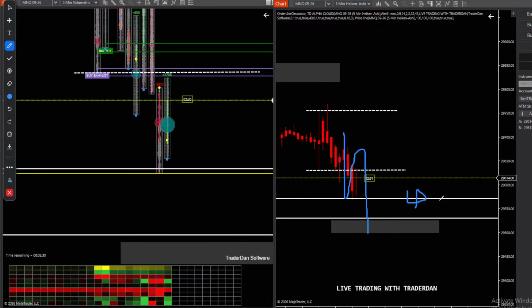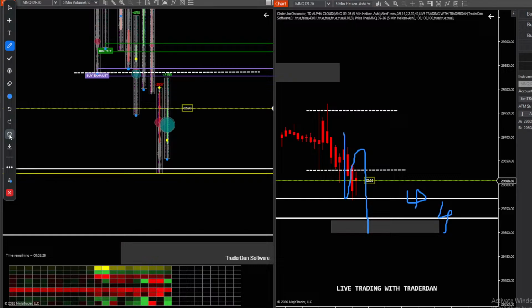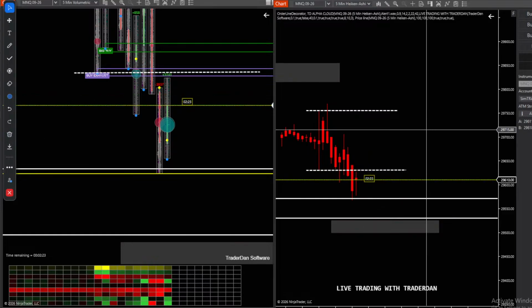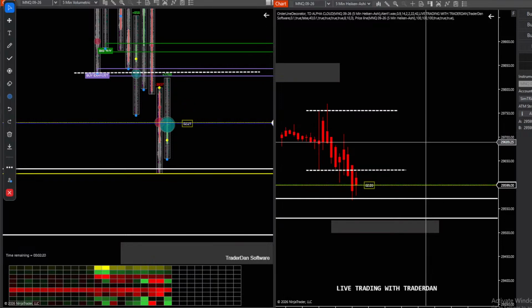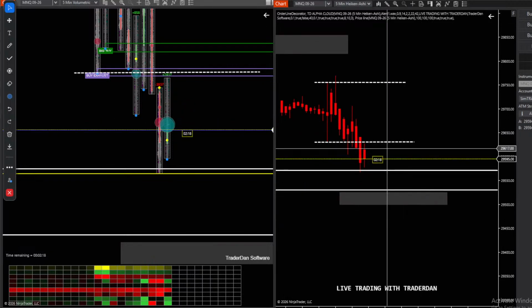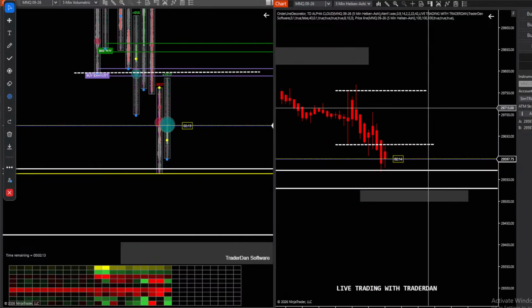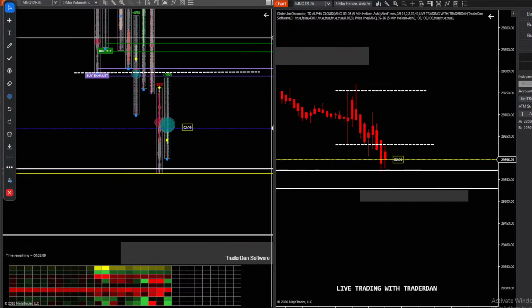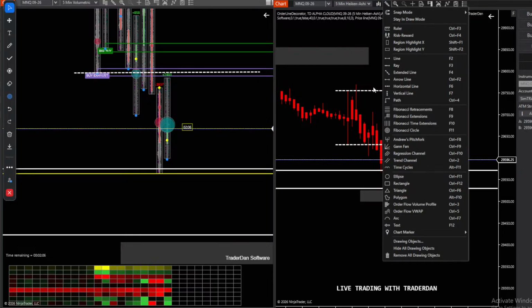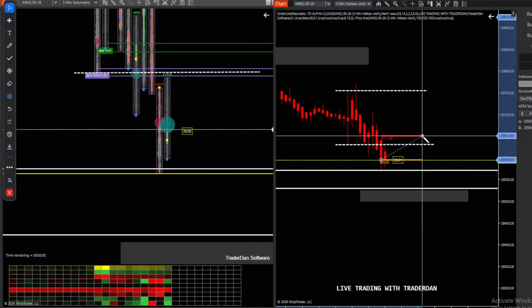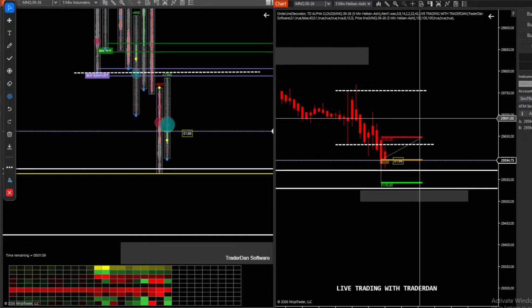This is a 4-hour wick and a 4-hour wick. That would be your short right there.